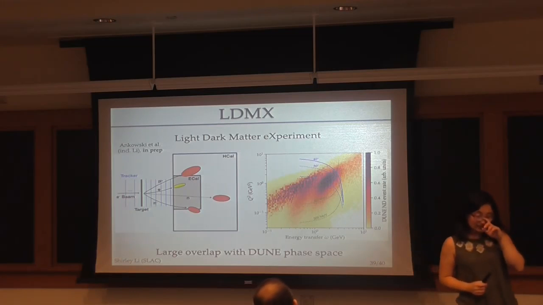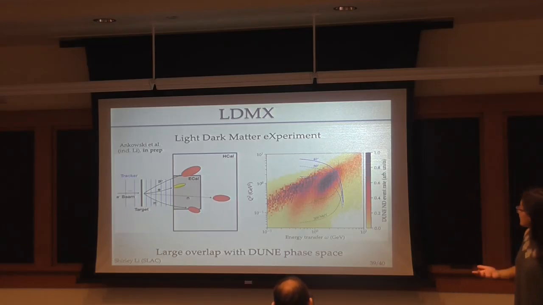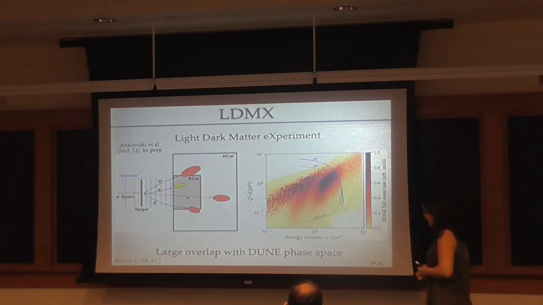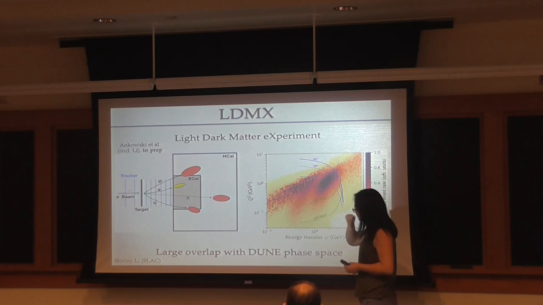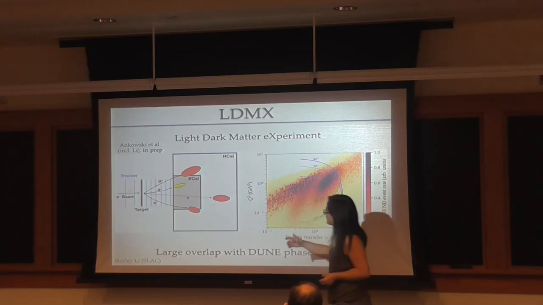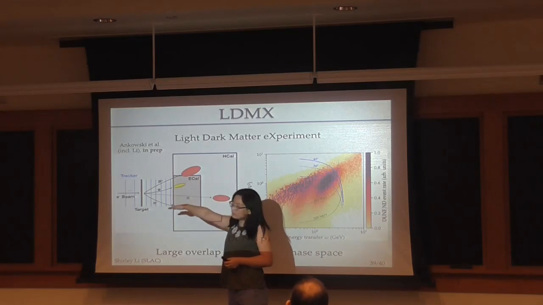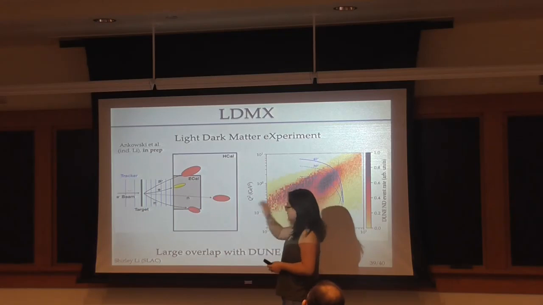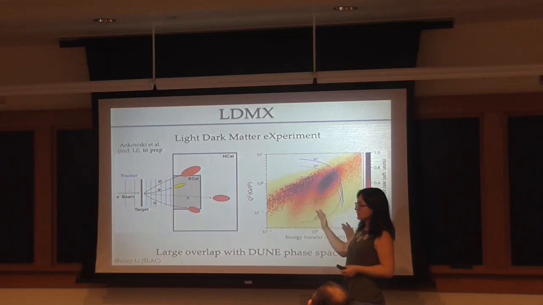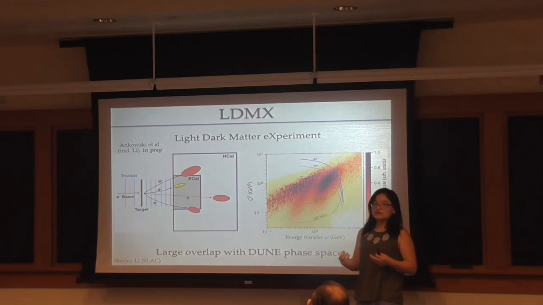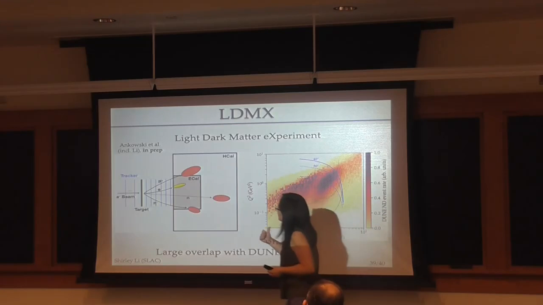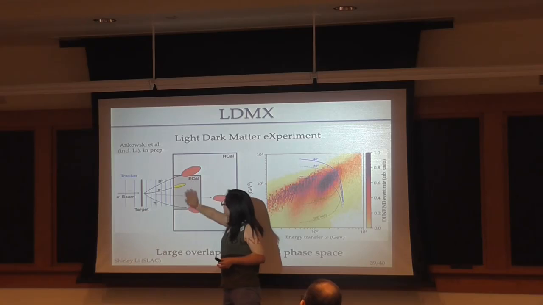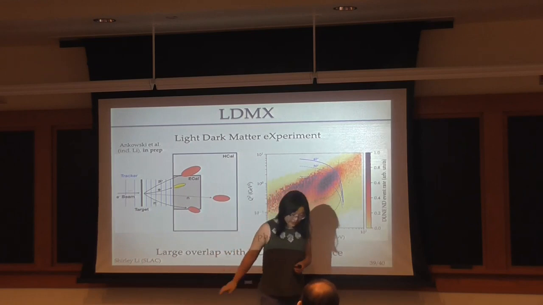At SLAC, we have this proposed experiment called LDMX, the Light Dark Matter Experiment. Its main science goal is to probe dark photon models. The experimental setup is as follows. There's a 4 GeV electron beam that will hit a thin target, and it can be any kind of solid. Then we can measure the outgoing electrons in this ECAL and different hadronic particles.